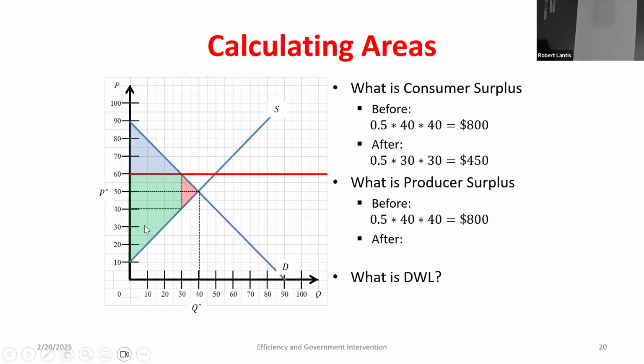I started out with producer and consumer surplus being the same. After the price floor, where is producer surplus now? The area below the price, but above supply. So I gained this rectangle here that's green, but producers lost this little red triangle. Now I tried to do this to scale. So in this example, it looks like that rectangle is much larger than that little triangle. So what should have happened to producer surplus? It went up.